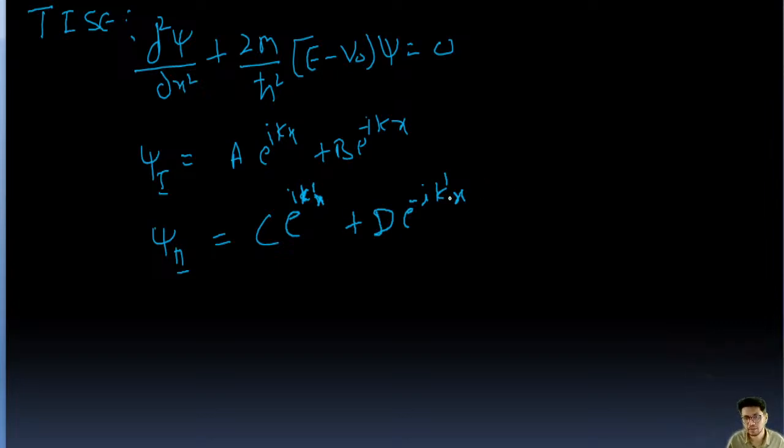So the wavelength of the wave is increased, and the wave vector for that is k dash.